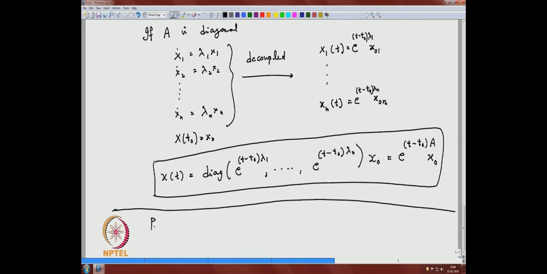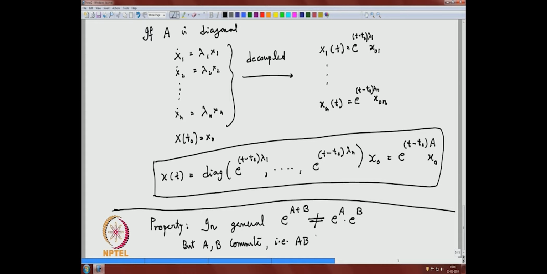Another property which I would like to recall here is that in general, for the exponential map, e power (A plus B) is not equal to e power A into e power B. This property of real numbers is not true for general matrices, but if A and B commute, that is AB equals BA, then e power (A plus B) equals e power A into e power B. This will be useful in our analysis later.